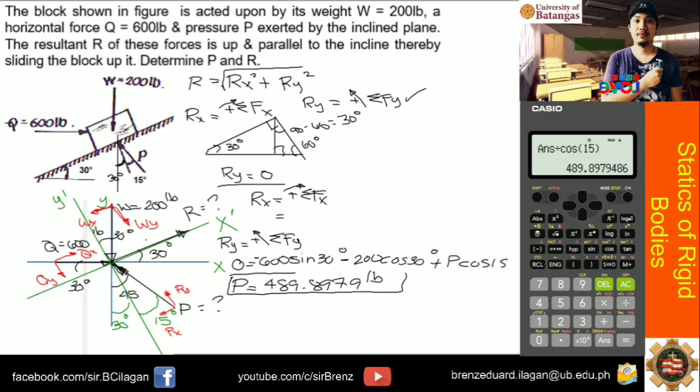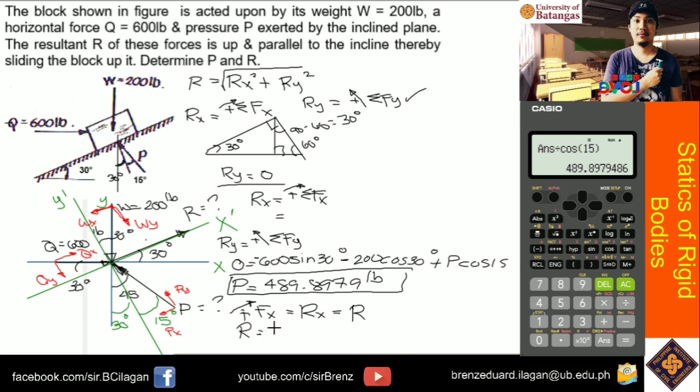So with that, we can now solve for the value of your r. So this time, assuming that in this direction is positive, so that is your fx, okay, which is yung summation of forces x, that is your value of your rx. Kung saan yung rx, so since wala naman tayo yung value ng ry, so that will be your total value of r, which is equals to, okay, so baba ko lang yung equation. So kunin natin yung mga x components. So let's start with q. So siya ay positive, ano, kasi papunta sa in this direction.